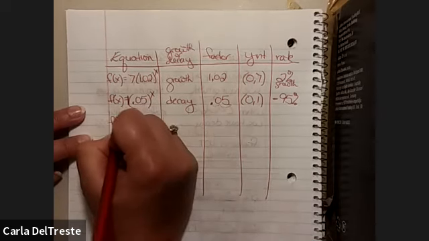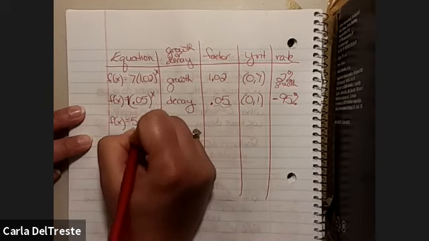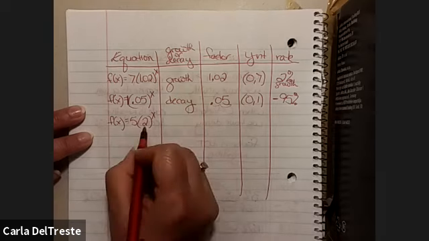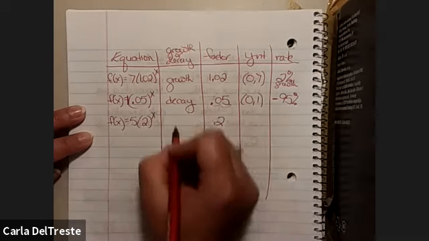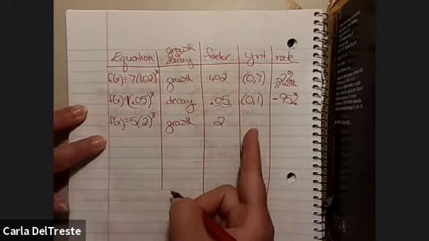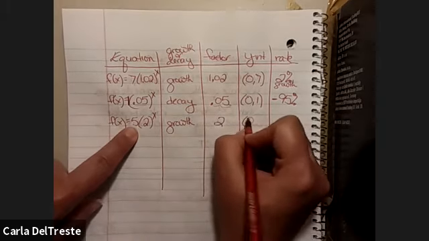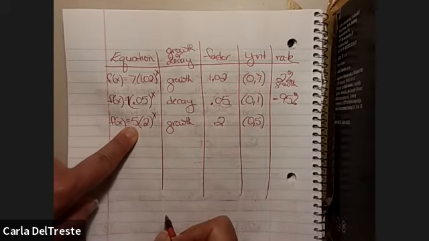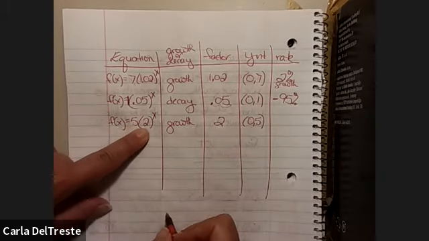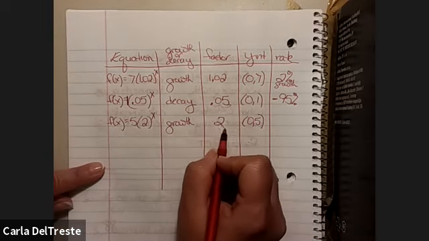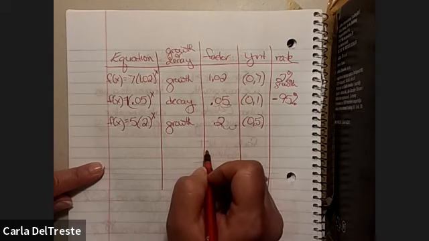Last but not least, f of x equals 5 times 2 to the x. My factor is a 2, which tells me that it's growth because it's larger than 1. The y-intercept, I spot right here. It's always my a value, 0, a. And now the factor is 2, which means if I converted to a percent, 200%.